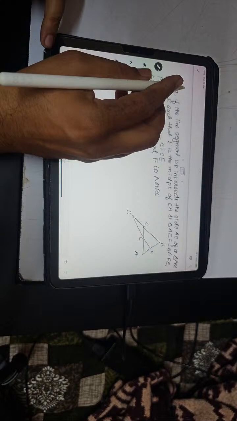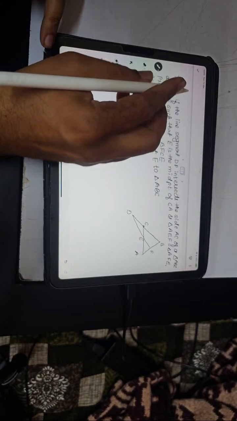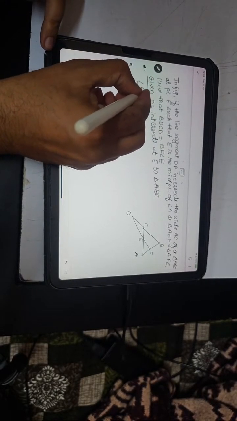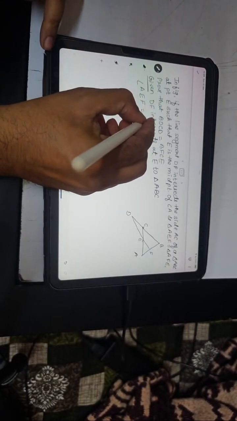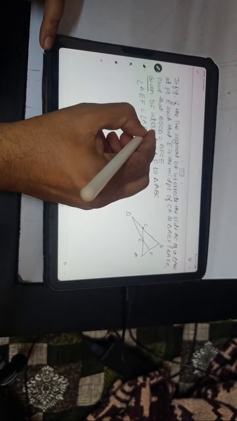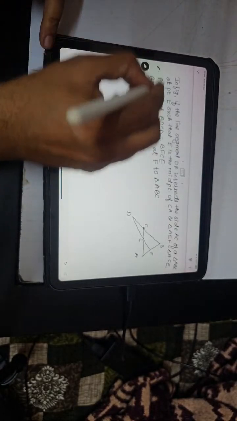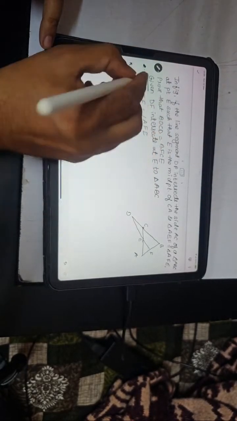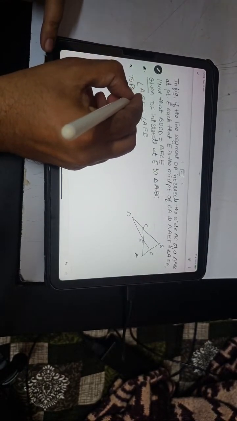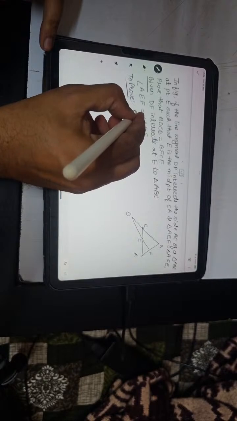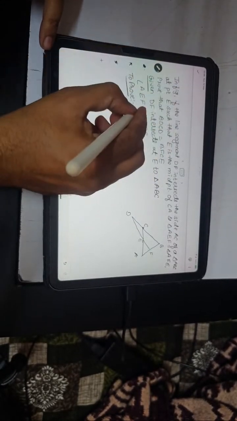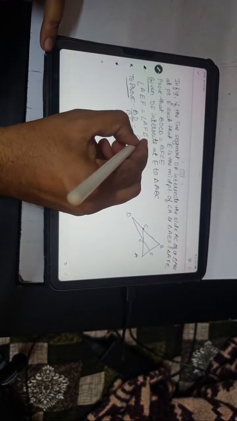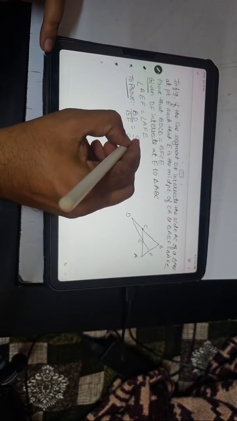Now, angle AEF equal to angle AFE. Then to prove it is BD upon BF equal to CD upon CE.